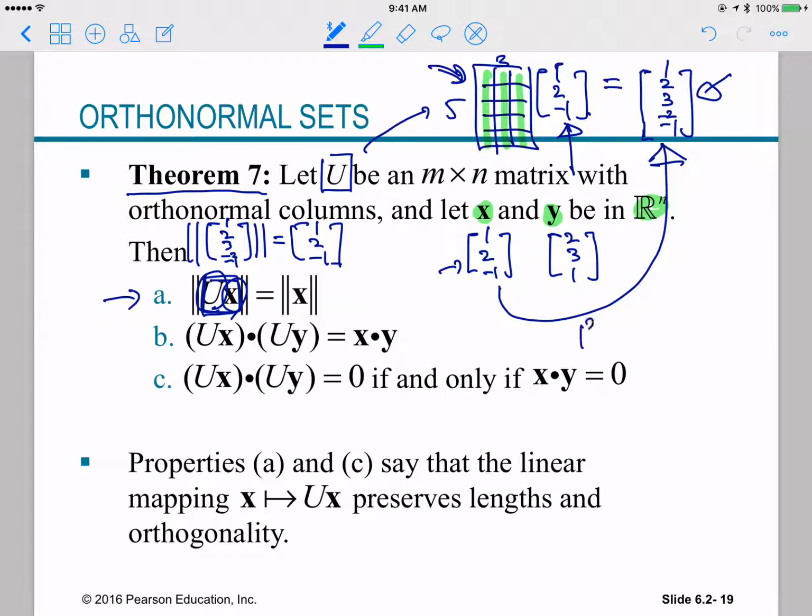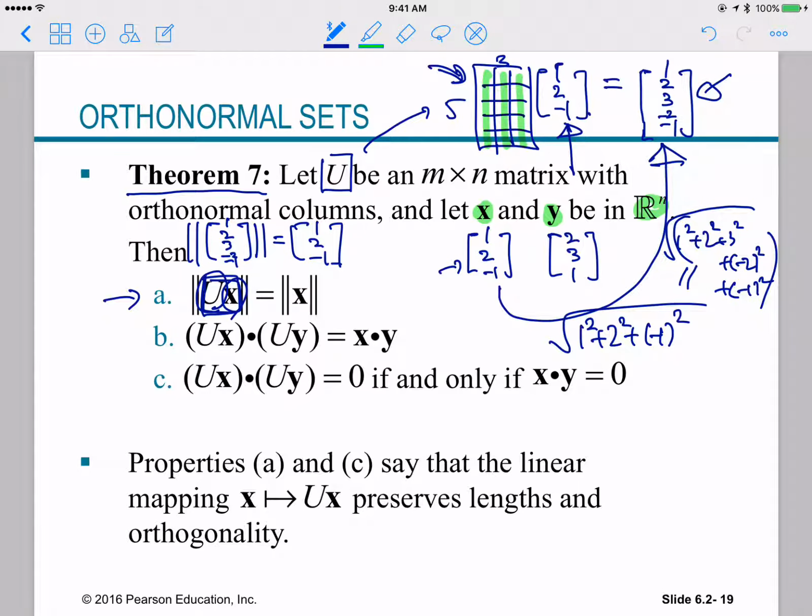That means the square root of 1 squared plus 2 squared plus (-1) squared is the same as the square root of 1 squared plus 2 squared plus 3 squared plus (-2) squared plus (-1) squared. Although this is not true here because I just wrote a random vector, it should be true when using the orthonormal matrix.